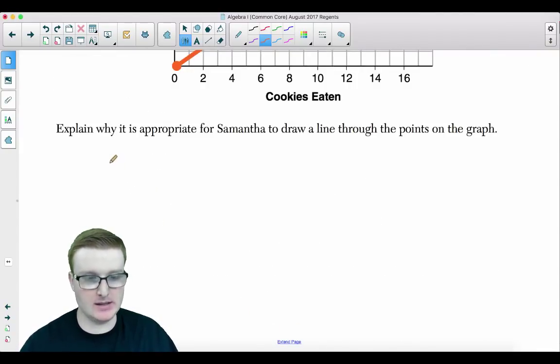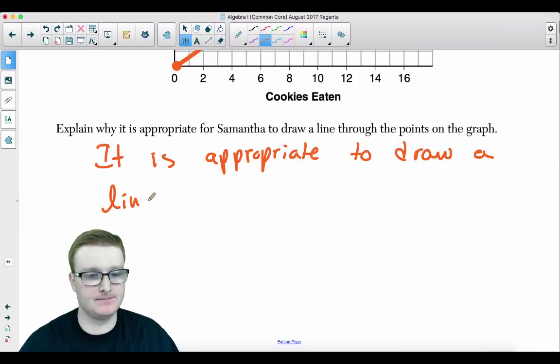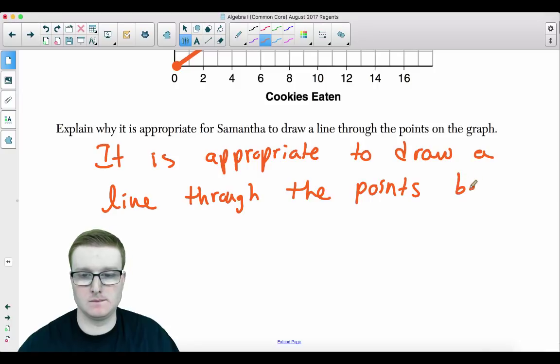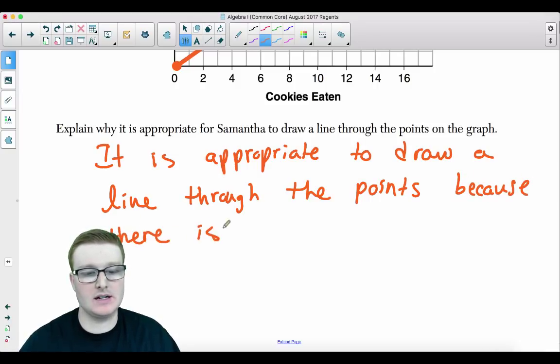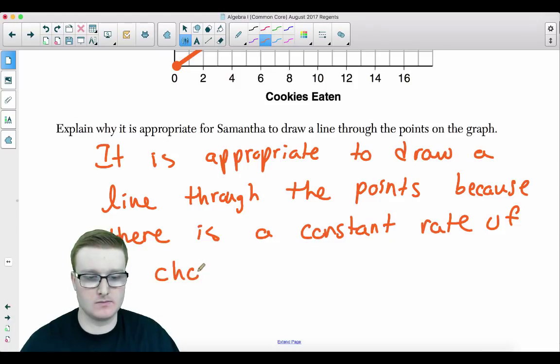So your answer is going to be something like this. It is appropriate to draw a line through the points because there is a constant rate of change of 160/3.